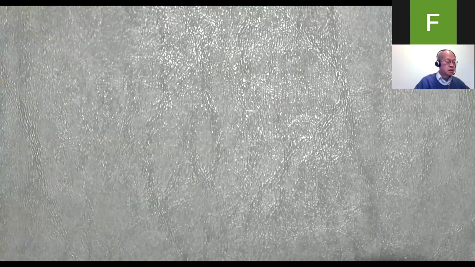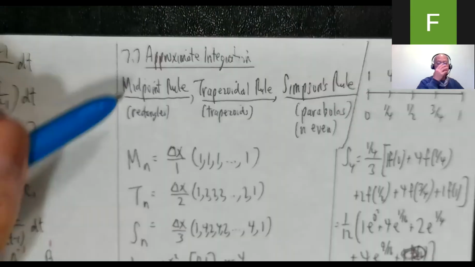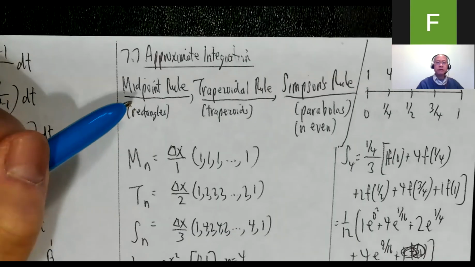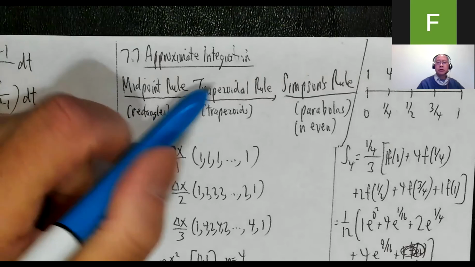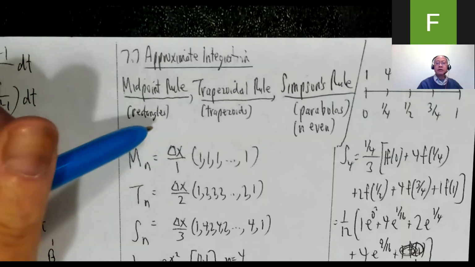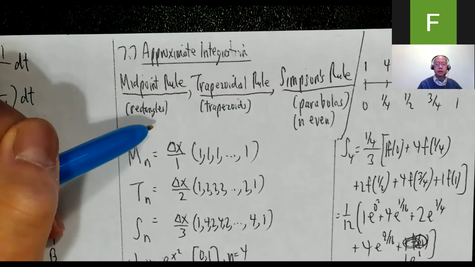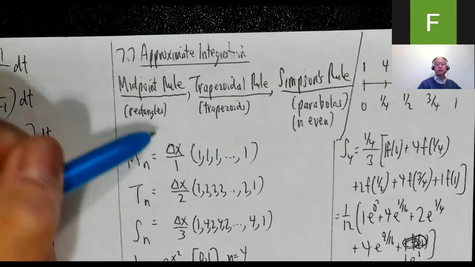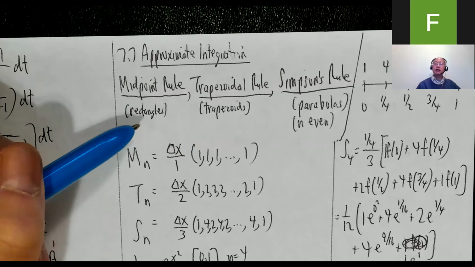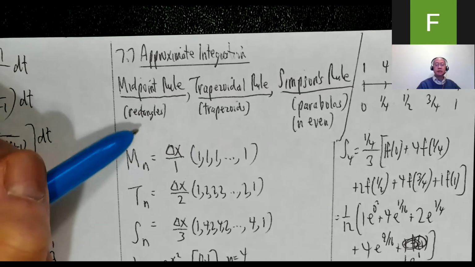All right, so let me get this down. 7.7, approximate integration. Midpoint rule, trapezoidal rule, Simpson's rule. Underneath each of these, I tell you what shape they're using for the approximation. Midpoint rule uses rectangles. Just like in Calc 1, when you did the left endpoints, the right endpoints, and the midpoints, they were all rectangles.